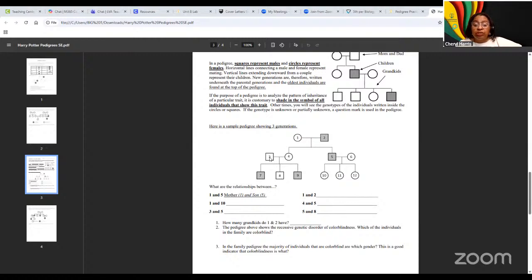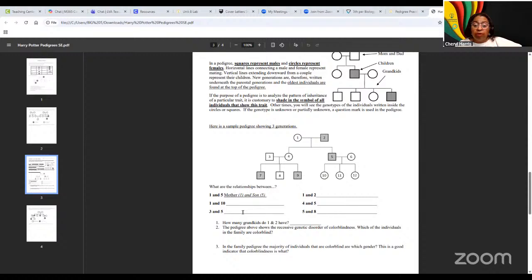So the relationship between 3 and 5 is that they are in-laws. Okay, they're brothers-in-law. 3 married 4, and 5 is the son of 1 and 2.